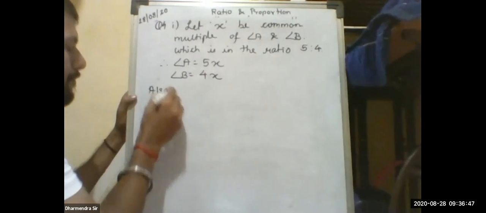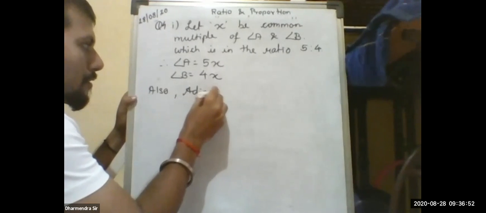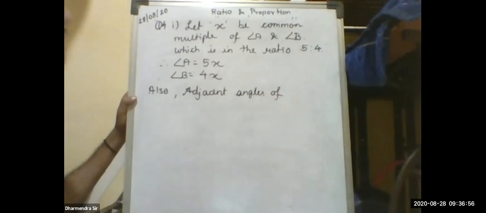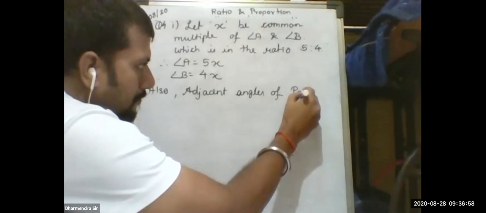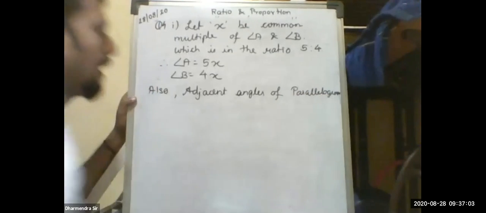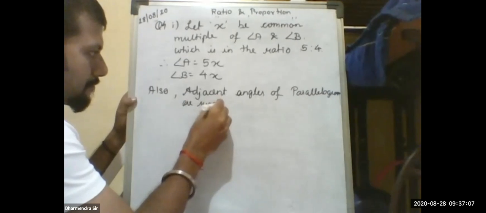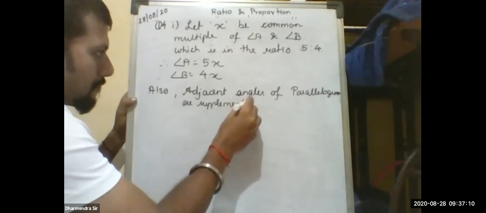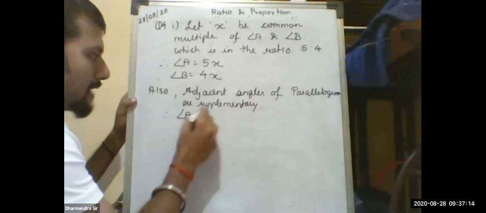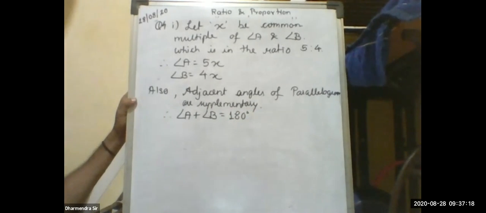Also, adjacent angles of a parallelogram are supplementary. So therefore, angle A plus angle B is equal to 180 degrees, since they are adjacent angles.